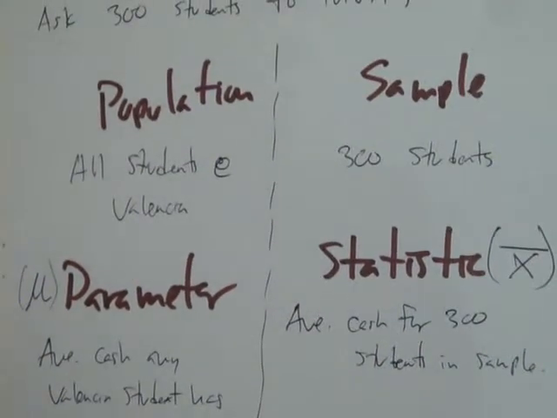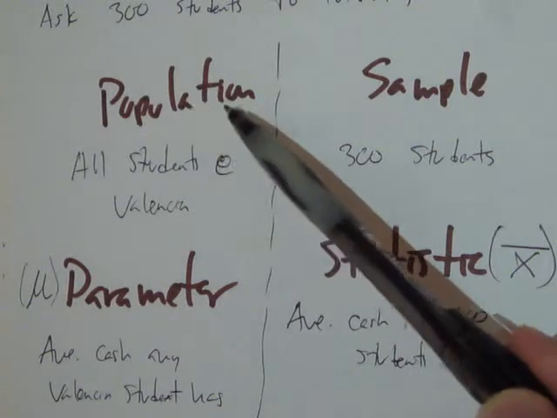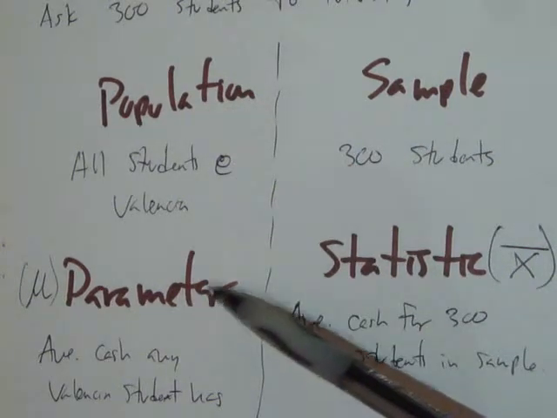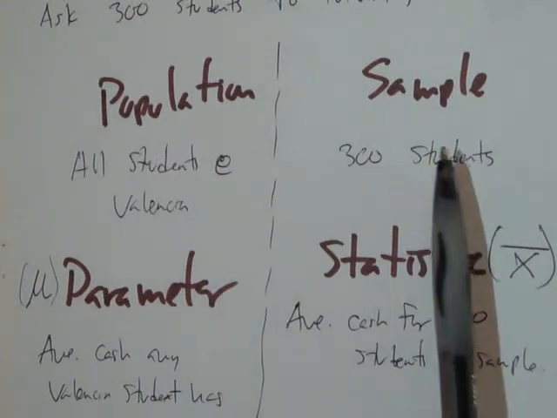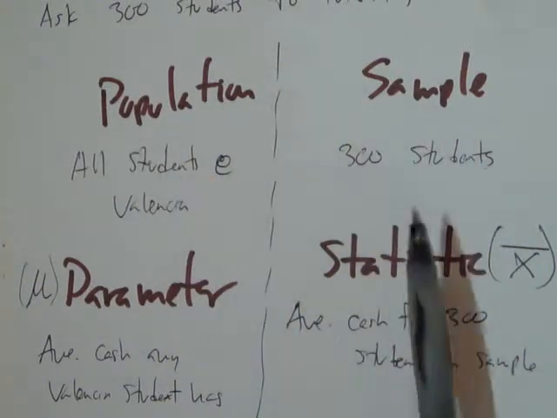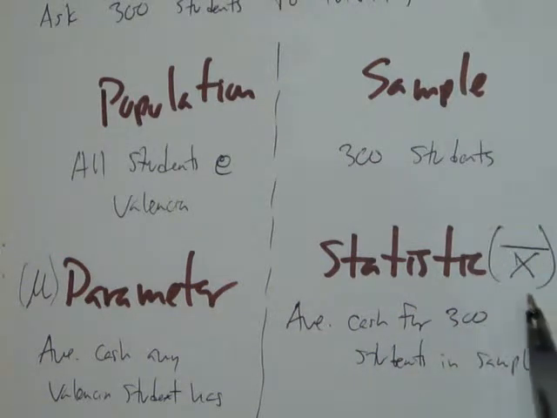Hopefully this clears things up between the four different words here. Remember, the population is the big picture, and the thing we measure about the population is the parameter. The sample was a smaller group, or a subset of the population, as the book will sometimes say, and what we measure about our sample is our statistic. We can be sure about what our statistic is.